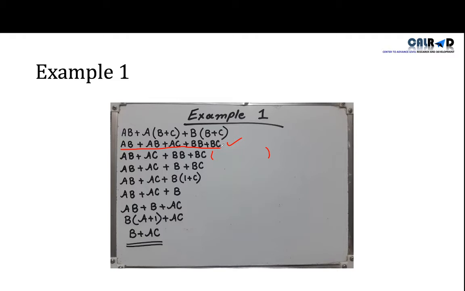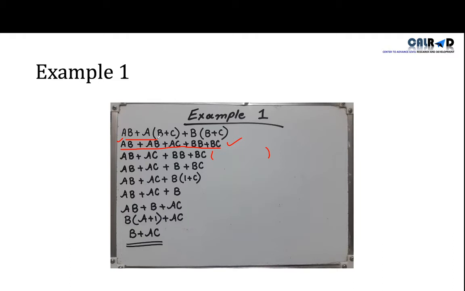Do not try to implement more than one law in one step, because it will make more complication. So let's start from the beginning. Here we can see that we have two similar functions, AB plus AB. So this looks a little bit awkward. So let's see if any of the laws can simplify it.